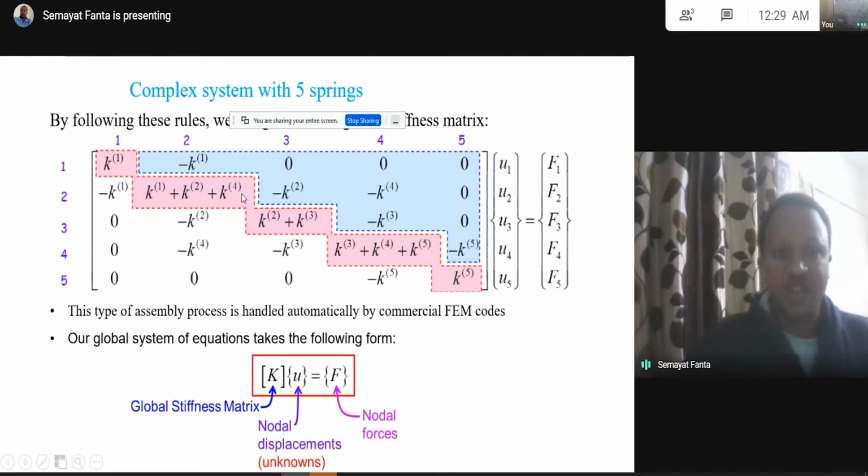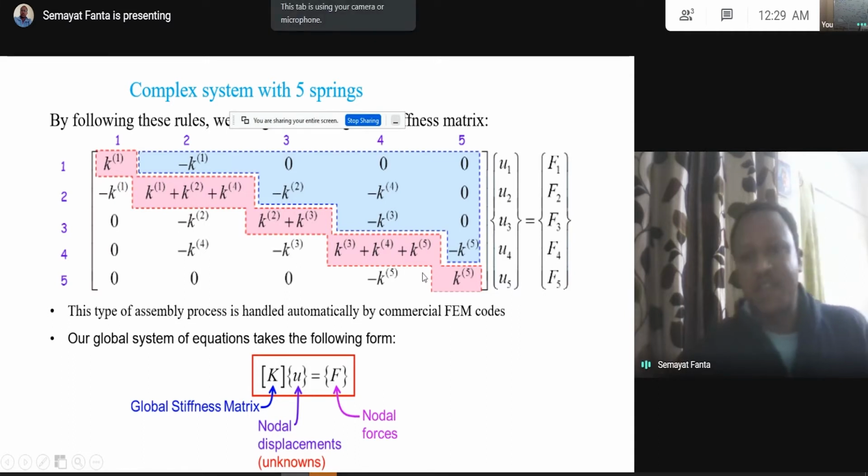So we find K4 here, minus K4 here, and plus K4 here. And the fifth and last spring has K5, minus K5, minus K5, plus K5.